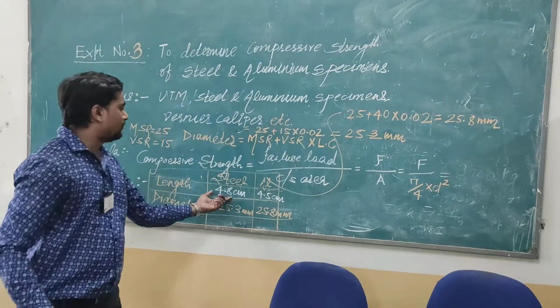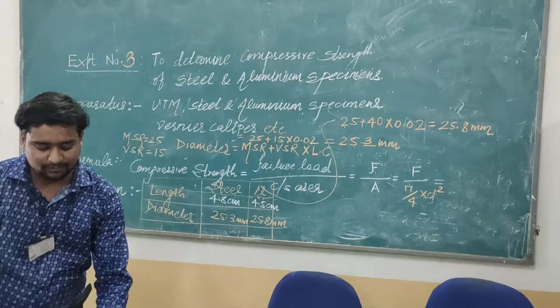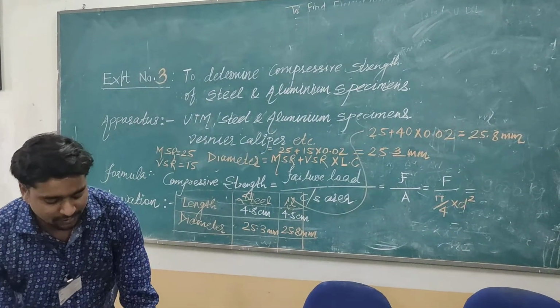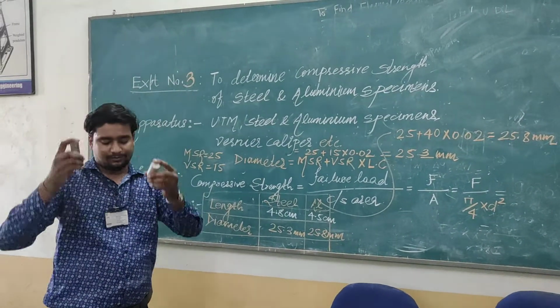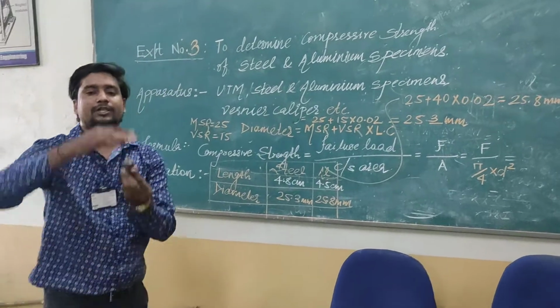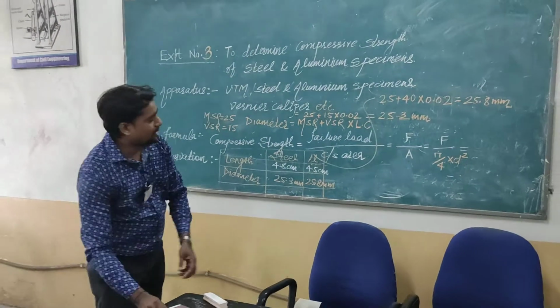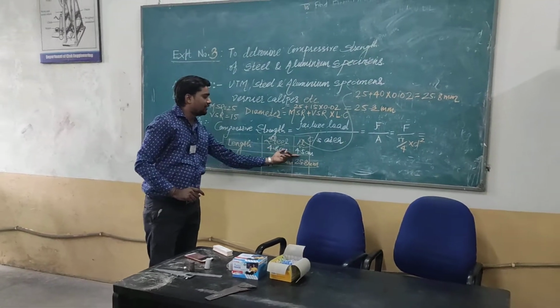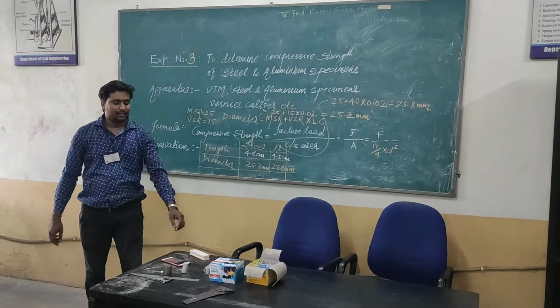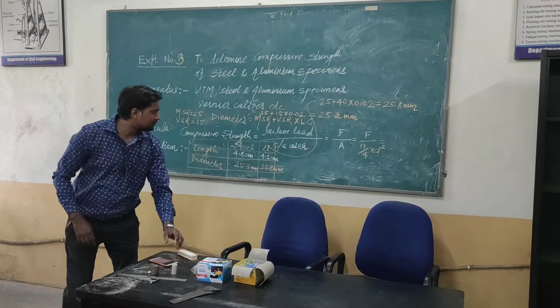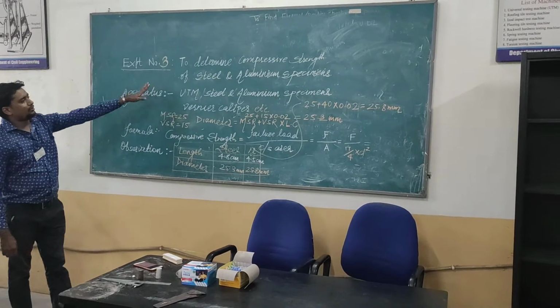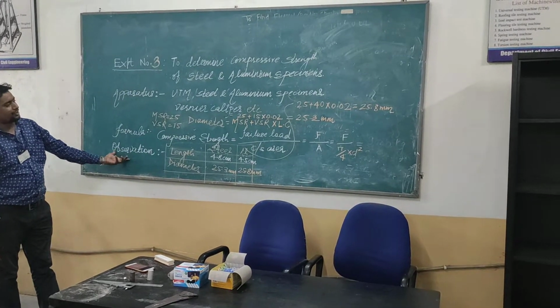This is what is required for the compression value, to check compression in these two samples. How much it compresses, we have to calculate by observing these two values after it fails. So this is all about the experiment observation.